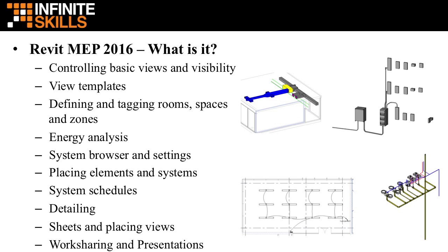The first system we'll look at will be our HVAC mechanical system, things such as ductwork, air terminals, and mechanical equipment. We'll look at how we can place these elements, how we can add insulation, lining, and other elements to the actual ductwork systems. From there, we'll move into hydronic piping systems.